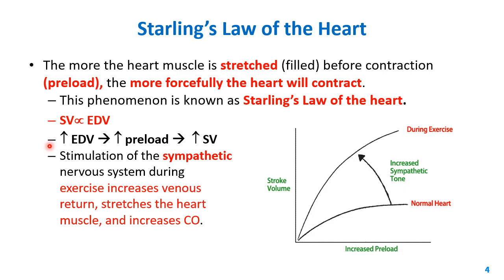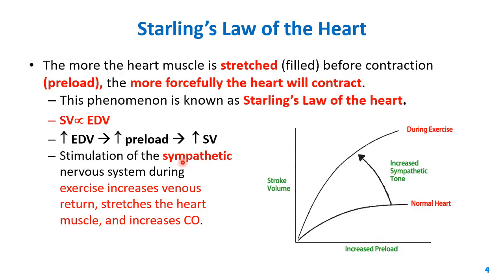Now, how do you increase your heart rate? There are several ways to increase your heart rate, but one way is through stimulation of your sympathetic nervous system, as we're going to see in a few slides.